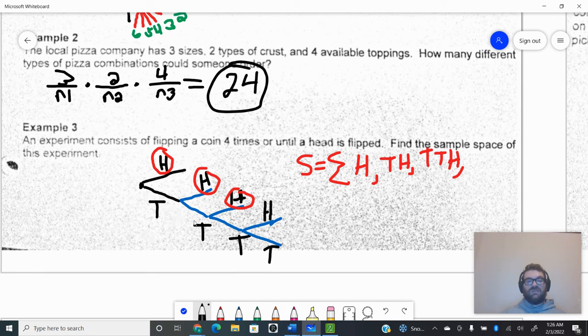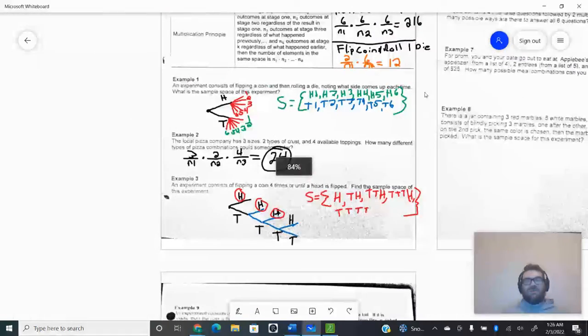Well, it would be tails, tails, tails, heads. So T, T, T, H, or tails, tails, tails, tails. I'm going to write it over here. T, T, T, T. So let's keep on going.